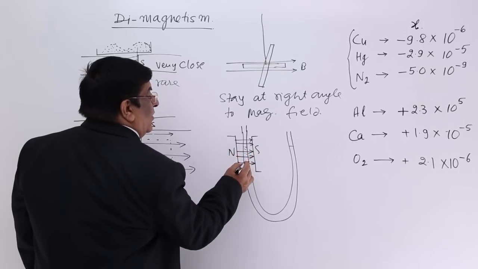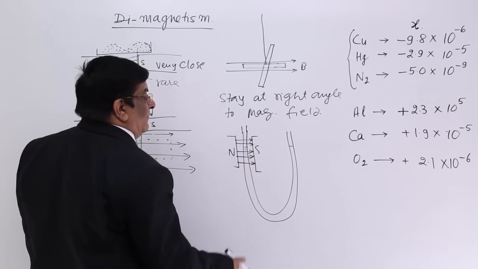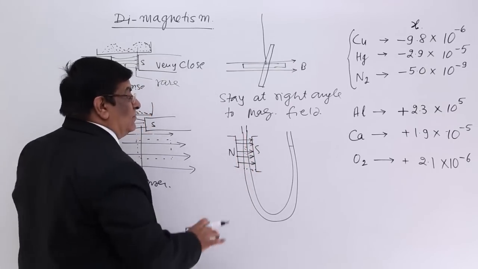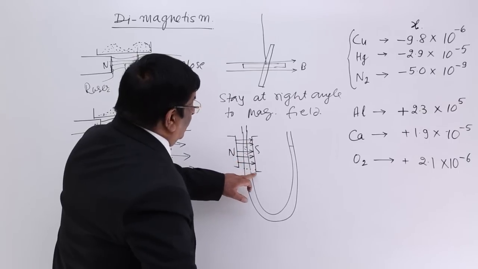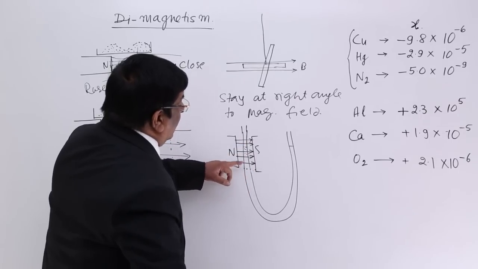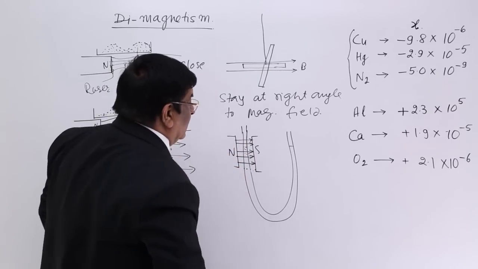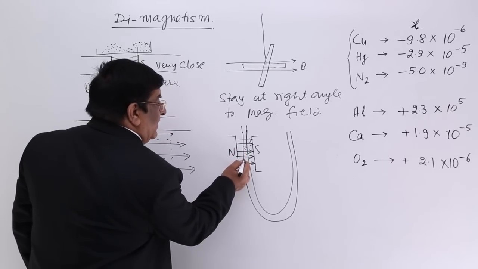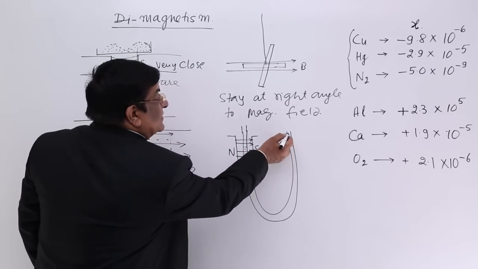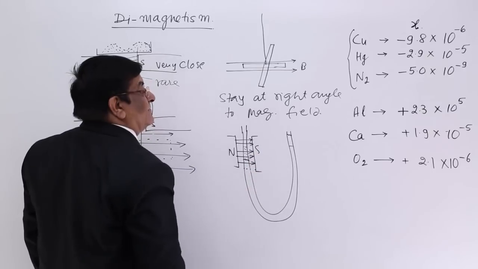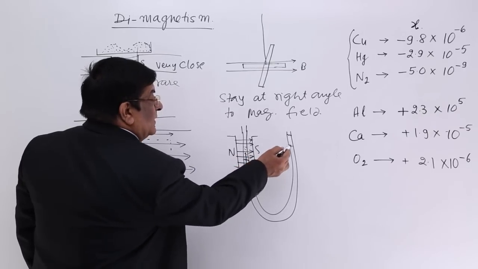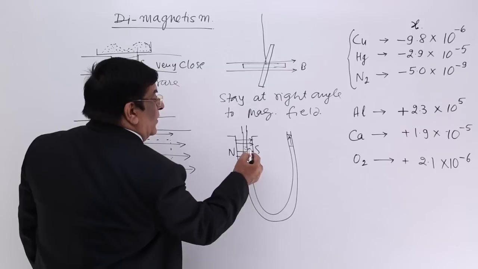The mercury does not like to remain in this magnetic field. It tries to run away from it. Where to run away? In this direction. So what we find is that this goes to this level and this rises up to this level. So here mercury has gone down, here mercury has gone up.